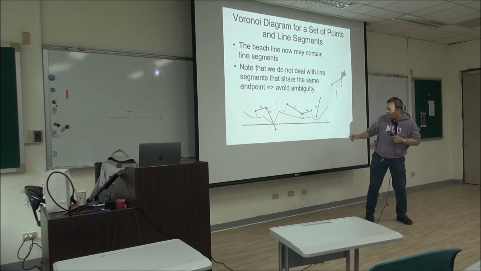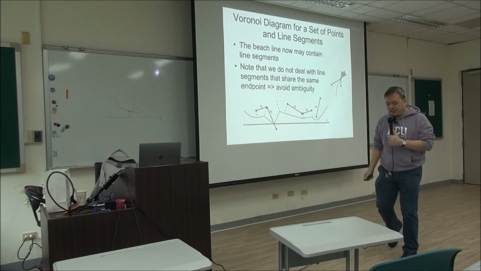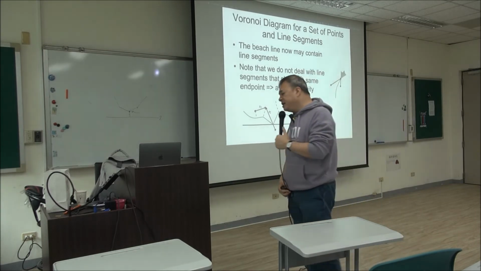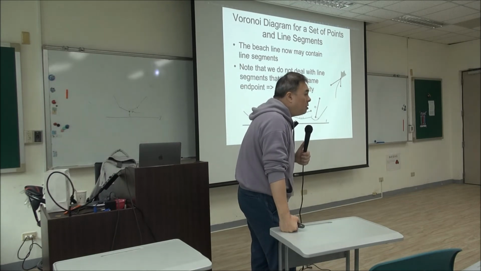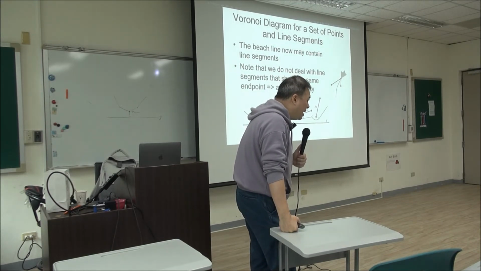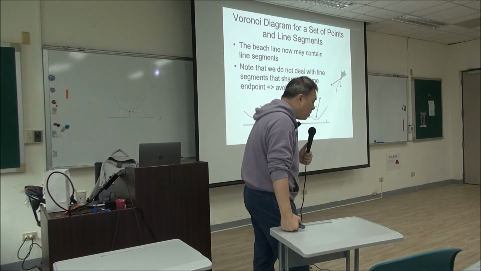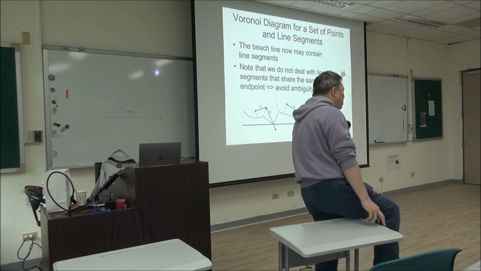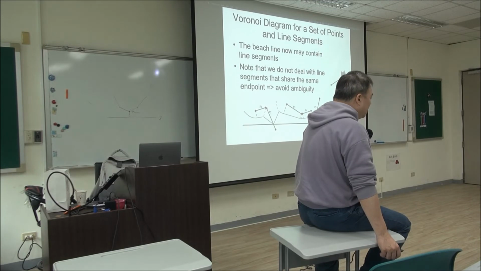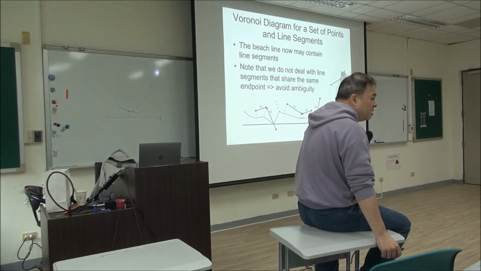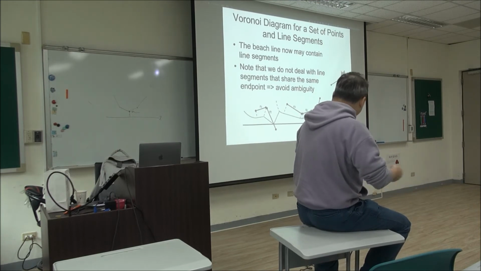So this is a very special case, because in point sites, if you only have one point, you do not have a breakpoint. If you only have one site, there's no breakpoint involved, if all the sites are points. But with line segments, you have case 4, and you also have case 5.